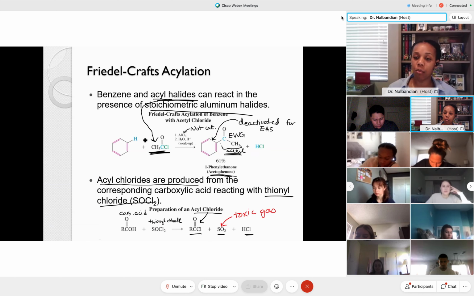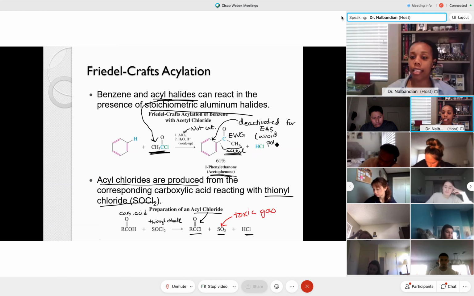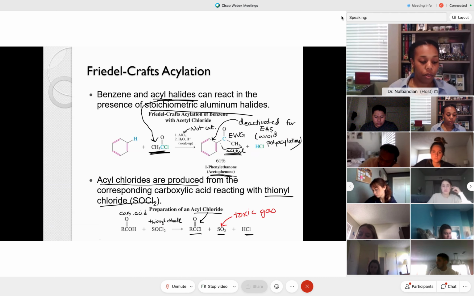So we have an electron withdrawing group that is going to pull away electron density, deactivating the ring for further electrophilic aromatic substitutions, which means we can avoid polyalkylations or polyacylations here. So that makes this superior to the Friedel-Crafts alkylation reaction. Questions on this?